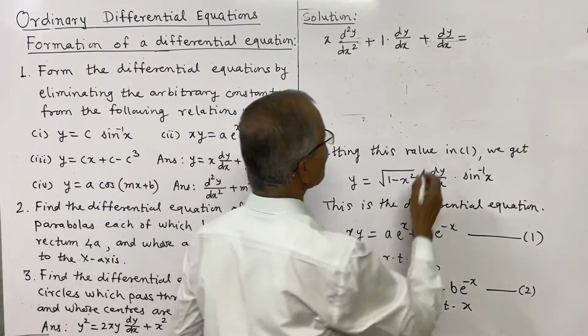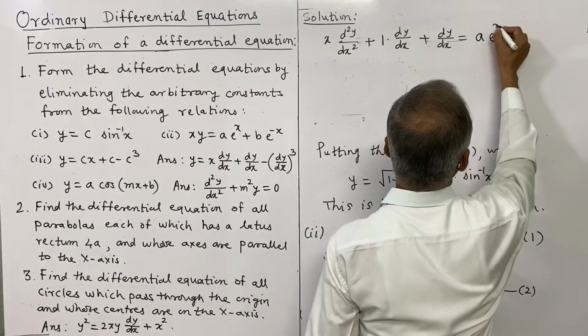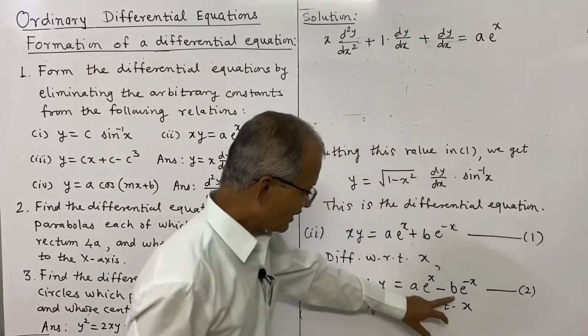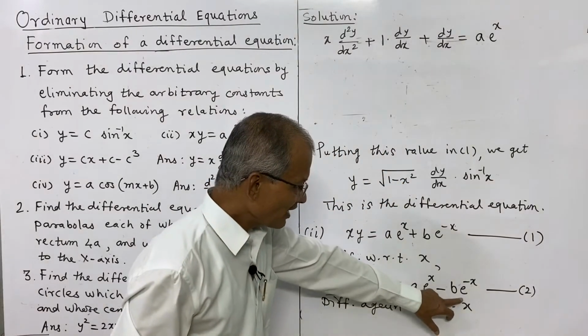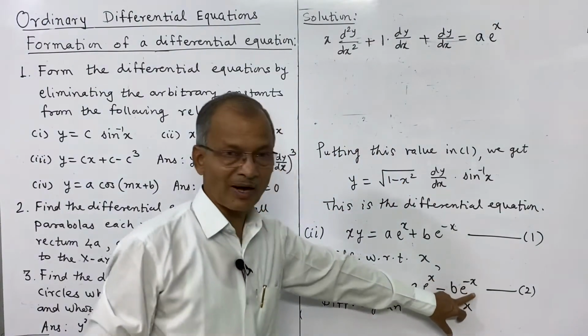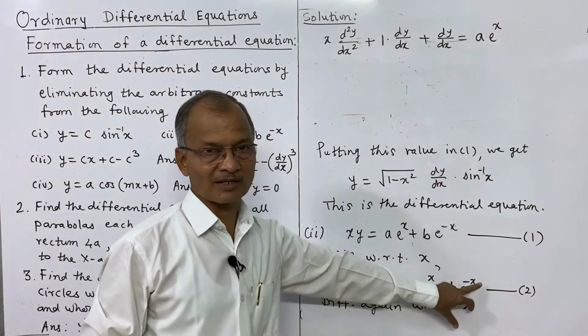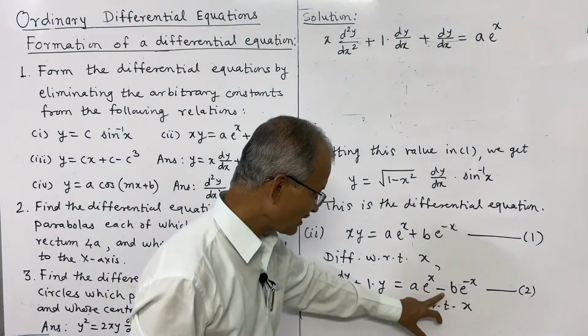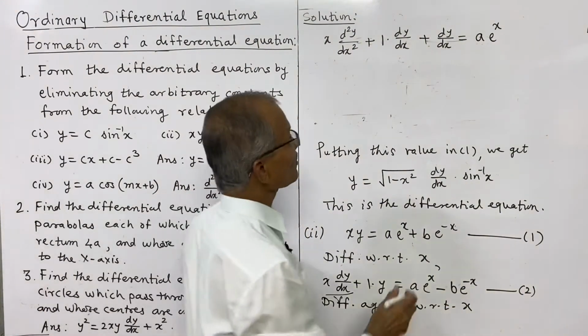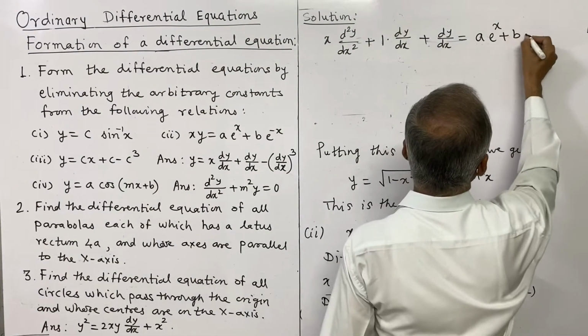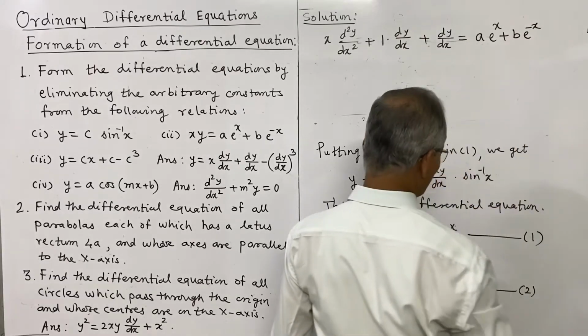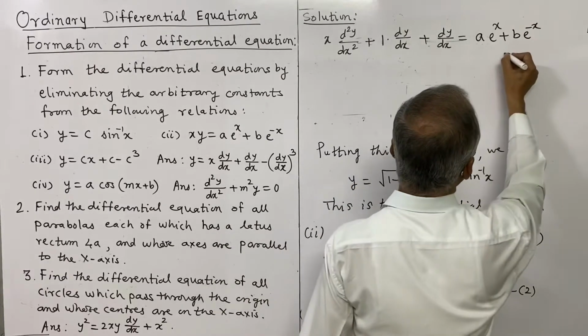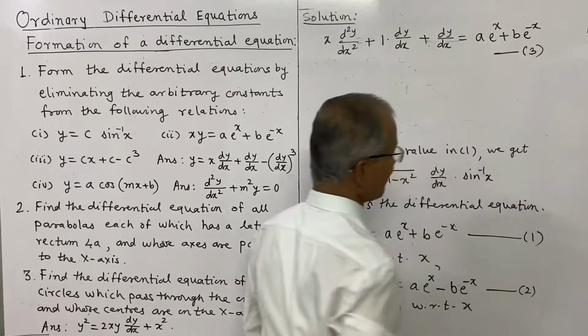A is constant, the derivative of e power x is e power x, and this derivative is minus b e power minus x into minus 1, the derivative of e raised to minus x, e raised to minus x into minus 1. So that minus 1 and this minus becomes plus. So plus b into e power minus x. So this is our third relation that we have obtained.